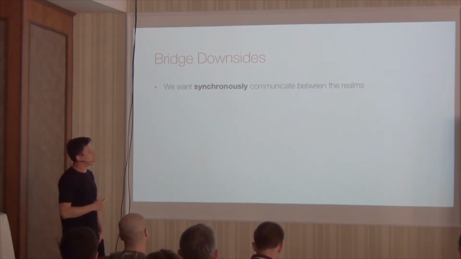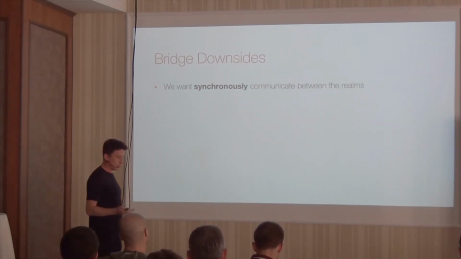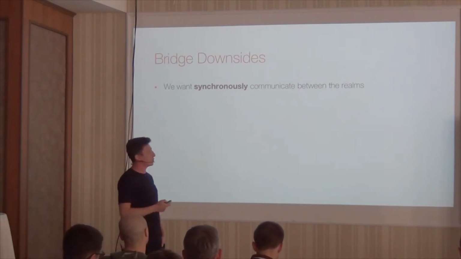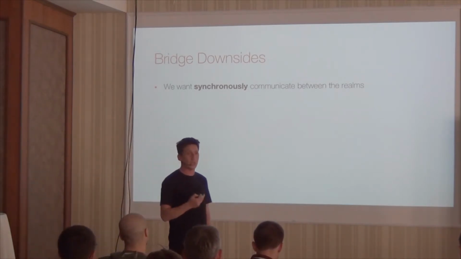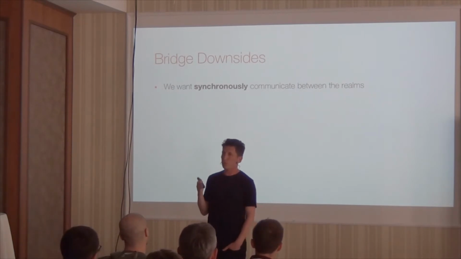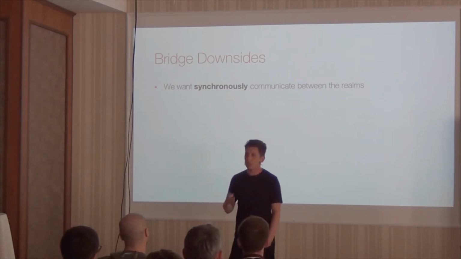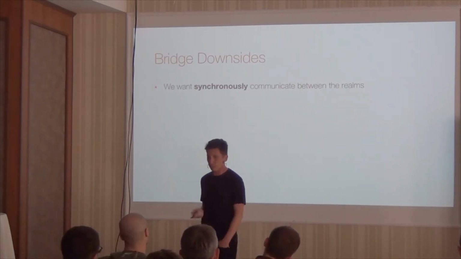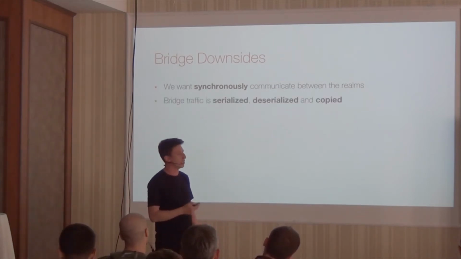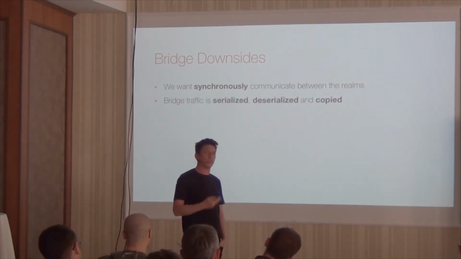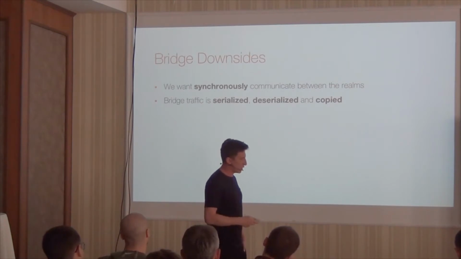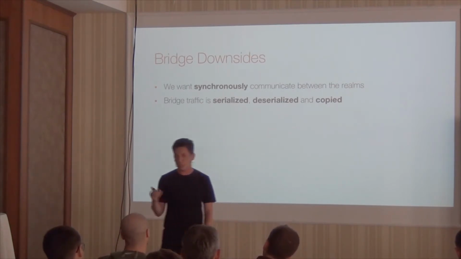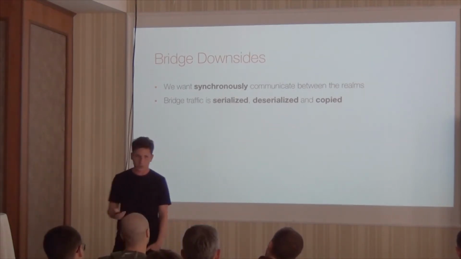So the bridge has several downsides. First of all, in some cases, we want to be able to communicate between the native and JavaScript in a synchronous way, as in this example. Second, the serialization and deserialization of JavaScript is a very heavy and expensive operation.